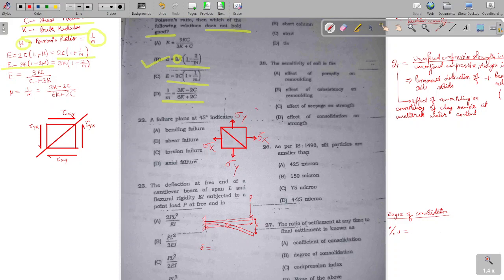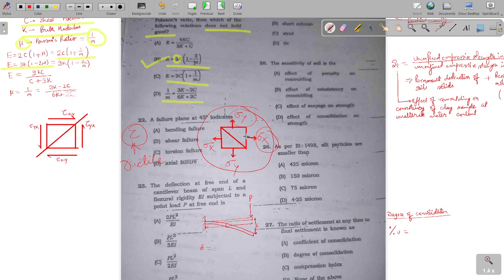This has to be a ductile material. So when ductile materials are acted upon by normal stresses, the ductile materials are weak in shear, so it will fail in shear stress.